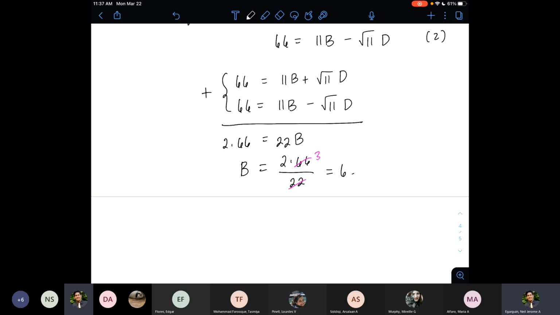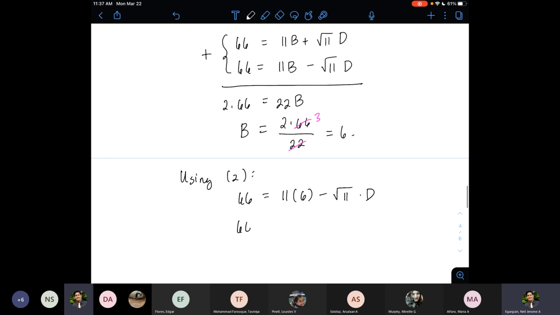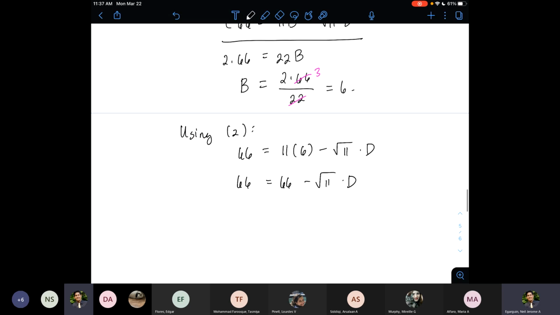Let's try equation 2. Using equation 2, we'll have 66 equals 11 times 6 minus root 11 times d. So 66 equals 66 minus root 11 times d. That means 0 equals negative root 11d, and Herson is correct. d is equal to 0.